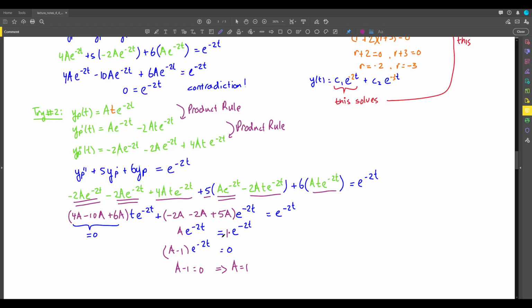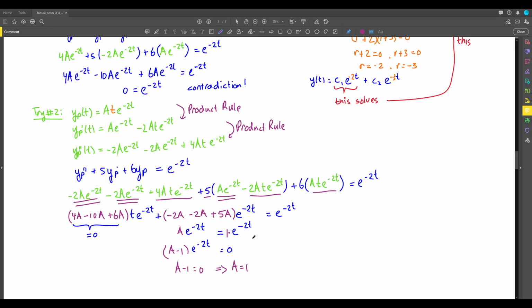Now, I hesitated doing that, and the reason is, if you see this, on the left you have e to the power negative 2t, on the right you have e to the power negative 2t. It needs to be the same for any t value.